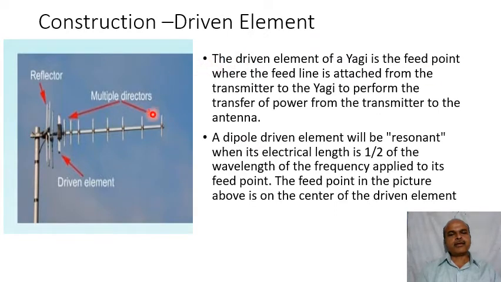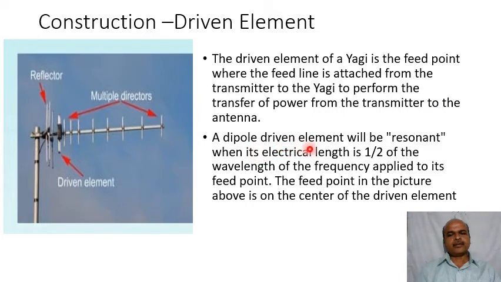So, construction of the driven element. So this is a driven element. The driven element of the Yagi antenna is the feed point where the feed line is attached from the transmitter to the Yagi to perform the transfer of power from the transmitter to the antenna.